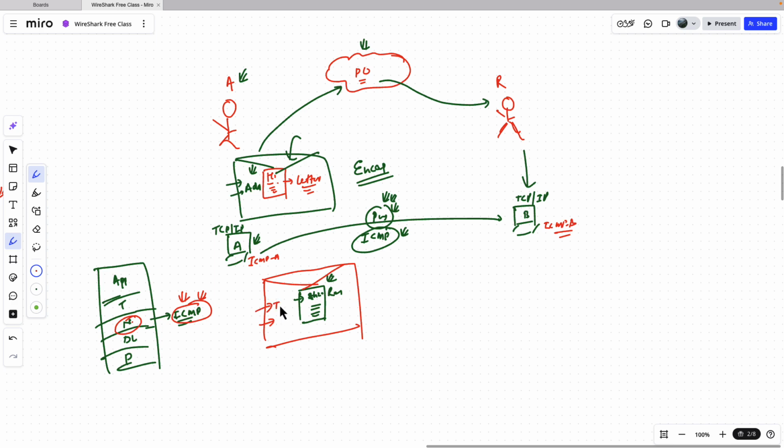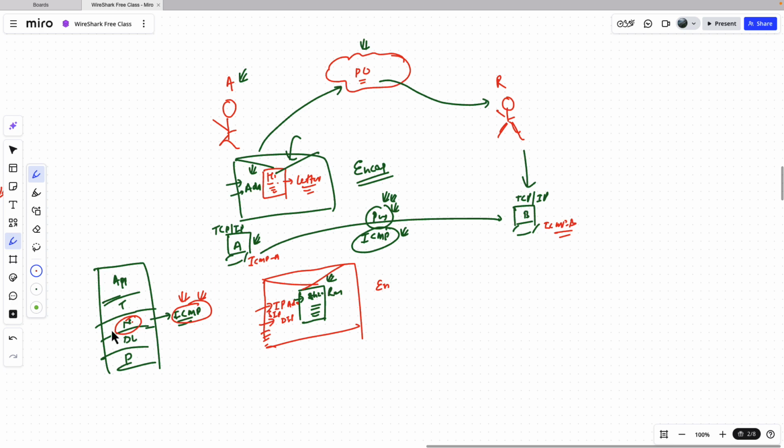We are talking about the IP address here. As simple as that, right? So we are going to put source IP and destination IP, and of course there are other fields in the IP header. So this process is known as encapsulation. We are taking the letter, we are just putting it inside the IP header or IP envelope. But is it enough to send the message? No.